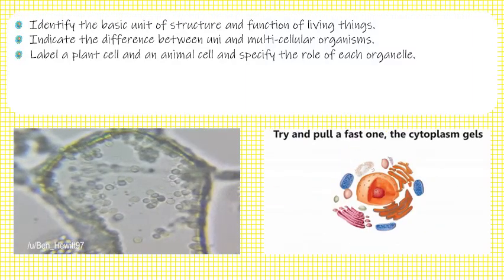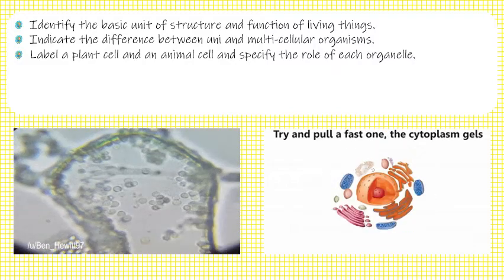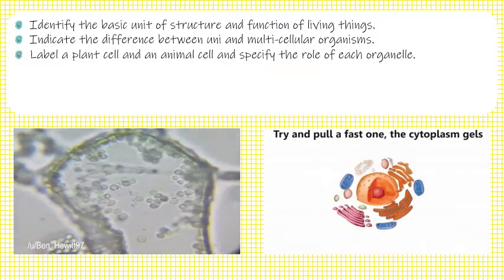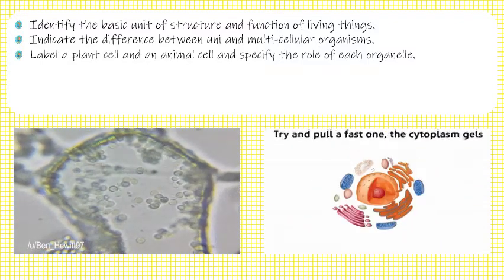We have some differences between a plant cell and an animal cell. The plant cell is also covered with a cell wall, with a thick cell wall. The animal cell does not have a cell wall.